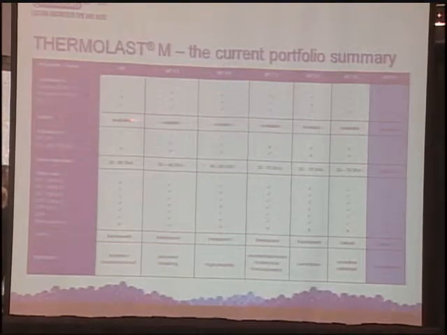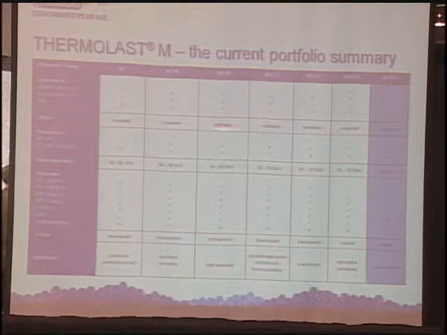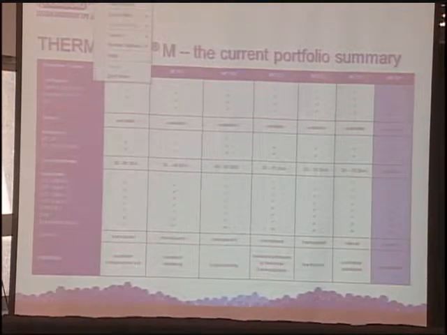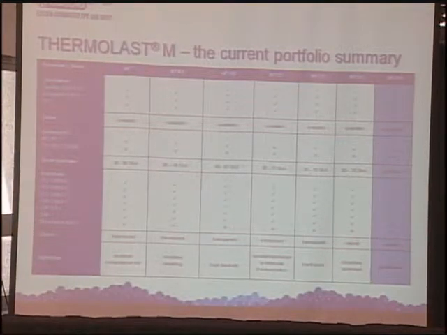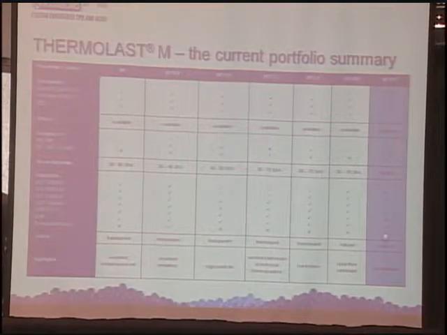Secondly, all these materials are already available for sampling and for commercial production for our customers. And then we also have ongoing development for the barrier properties in this series.